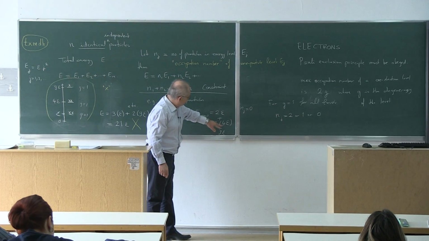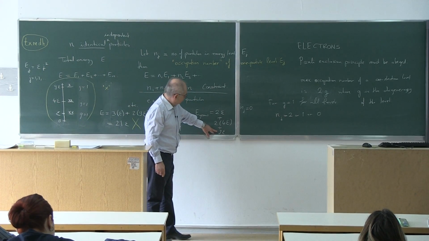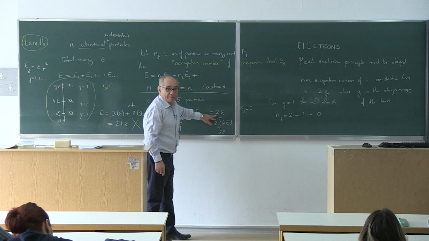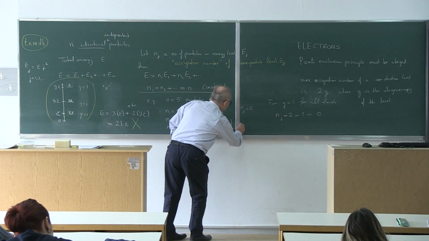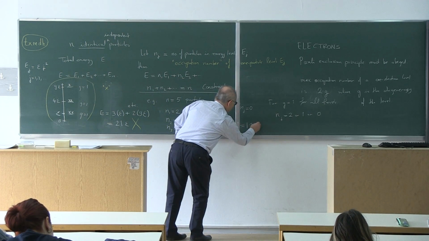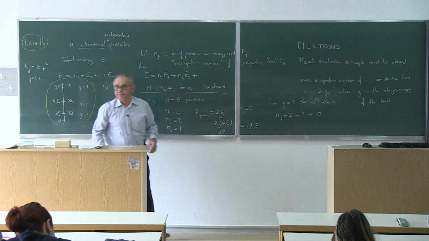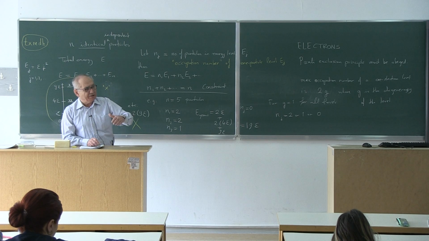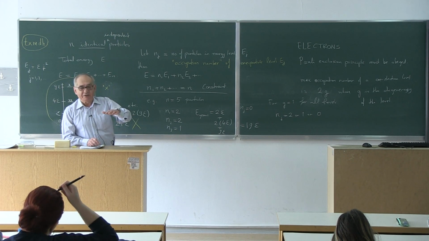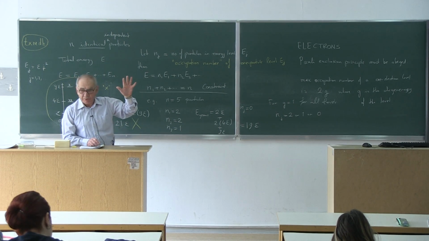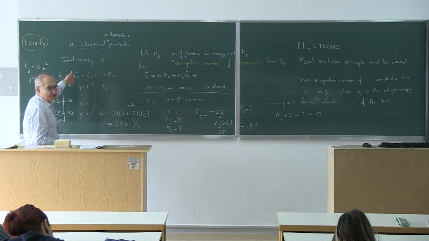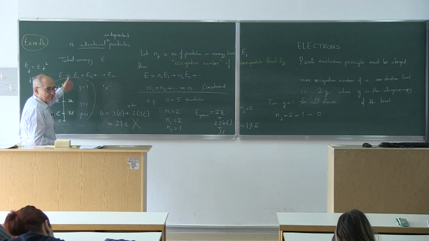So this is 8, plus 9 is 17, plus 2 is 19. So the net result is 19 eps, and this is the lowest possible energy for a system of 5 electrons moving independently in a one-dimensional box.